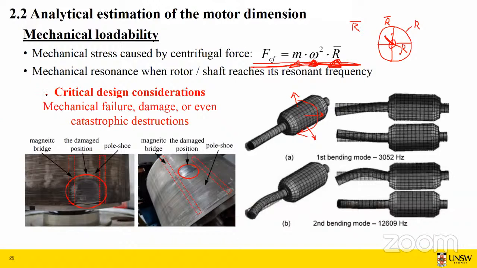And why do we say the mechanical loadability is the most critical design consideration? That is because if you don't consider it carefully, there may be plastic deformation during high-speed rotation. When this happens, your rotor will deform. Originally, it is a perfect circle and you have a very thin air gap, remember?